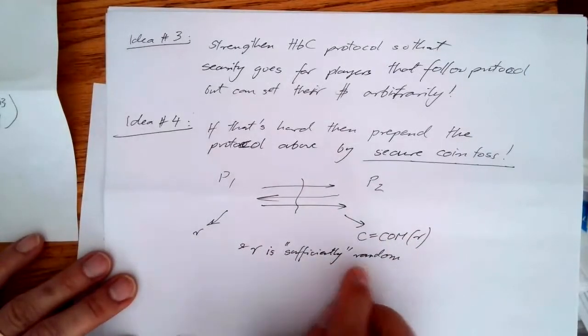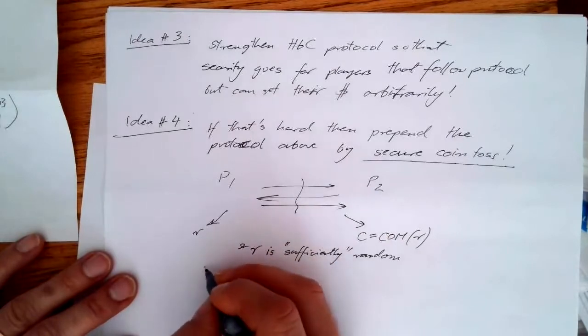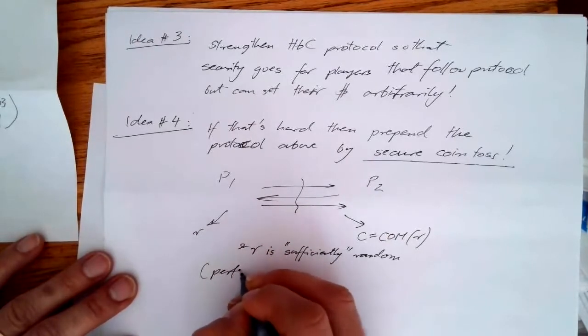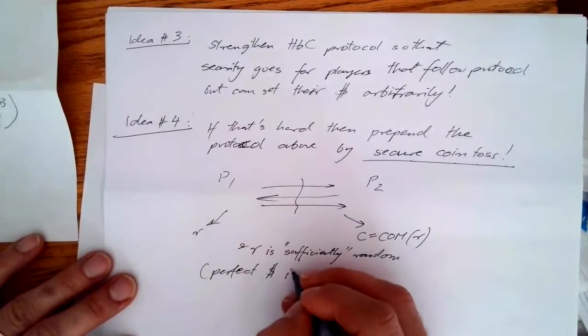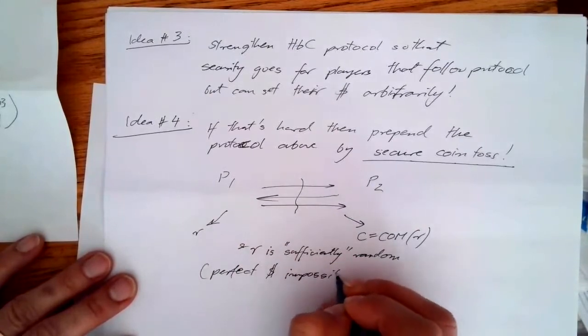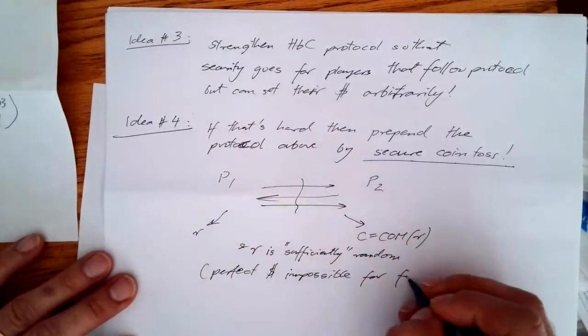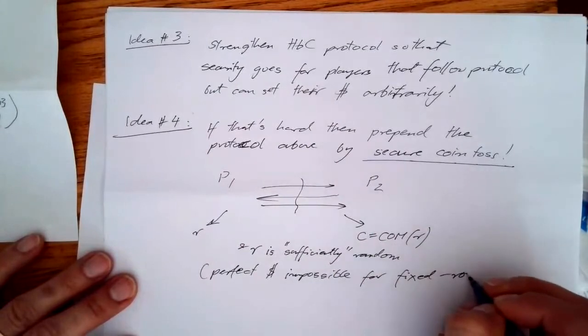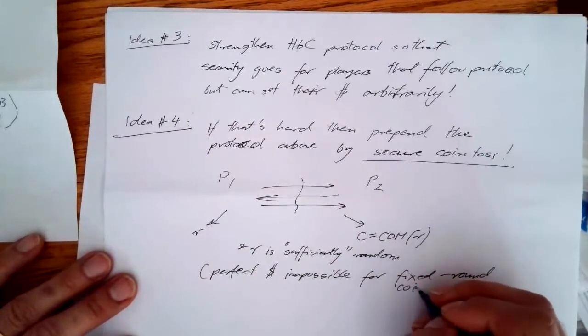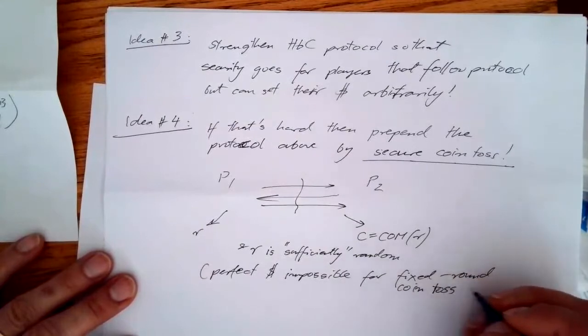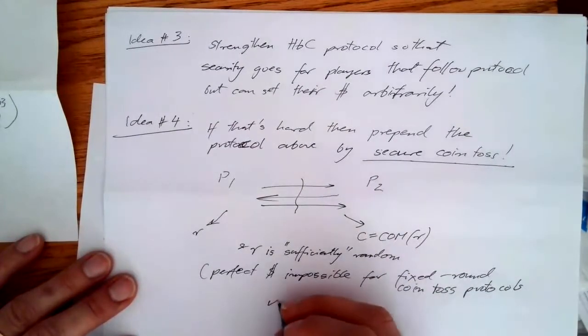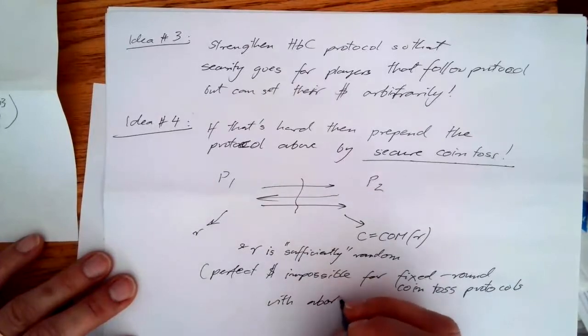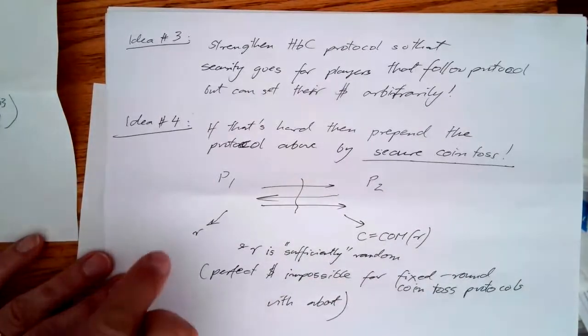Why do I say this? So perfect randomness is impossible for fixed round coin toss protocols, with abort. Okay, so here is the thing.